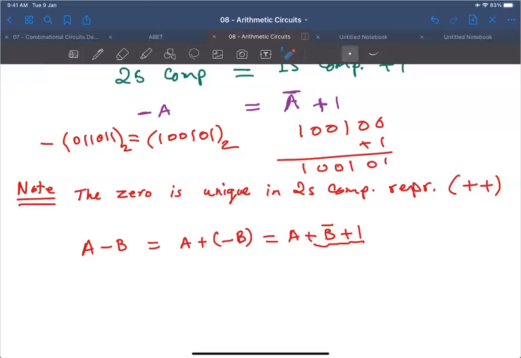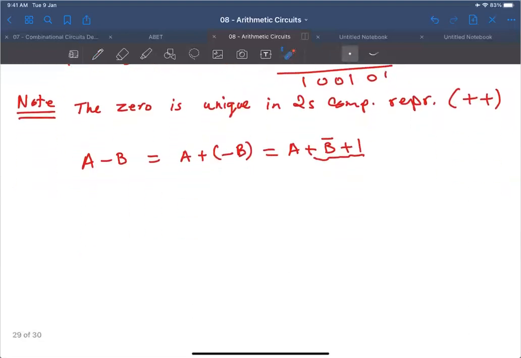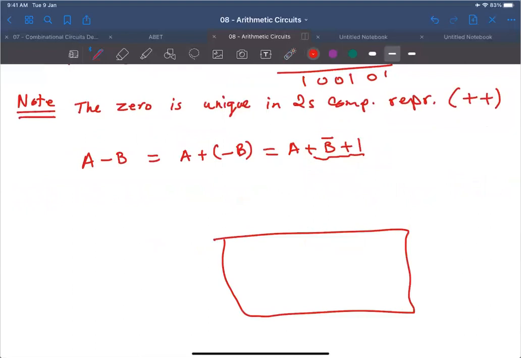So I know that I can use my ripple carry adder. I'm going to elaborate on this in the next lecture, but right now, just for the sake of illustration, this is my A and this is my B, and this is a 4-bit ripple carry adder, for example, RCA. And this is my carry in.